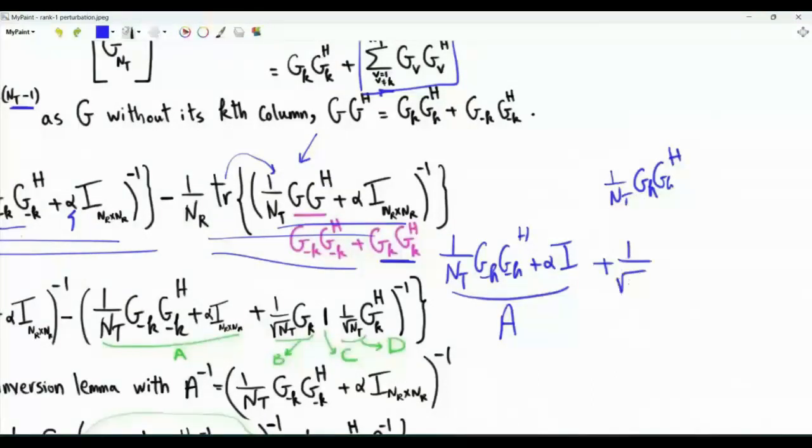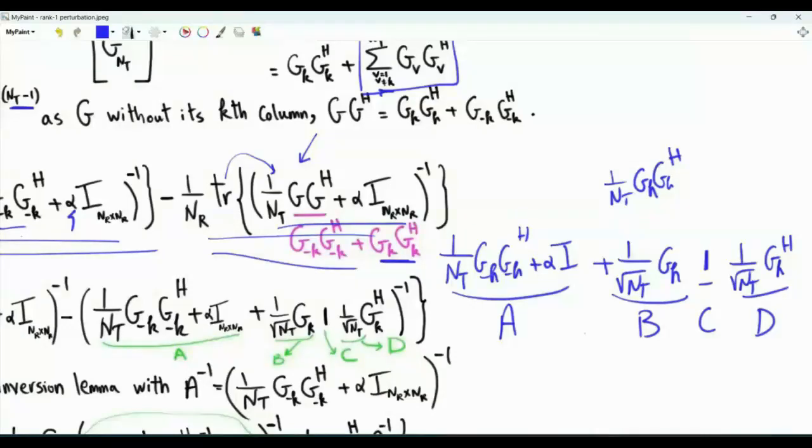But I will write this as 1 over square root NT G_k, then 1, which is the identity matrix of size 1 by 1, and then 1 over square root NT G_k Hermitian. This is matrix B, this is C, this is D. Matrix A is of size NR by NR, matrix B is of size NR by 1, C is 1 by 1, and D is 1 by NR.